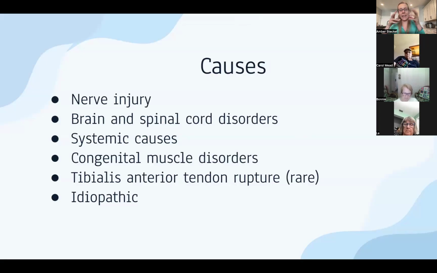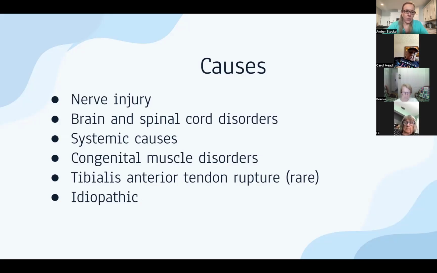And then idiopathic. If you guys have heard this word, it basically just means that the cause is unknown. A lot of things will get deemed idiopathic. There are certain diagnoses that don't always have a direct cause per se.